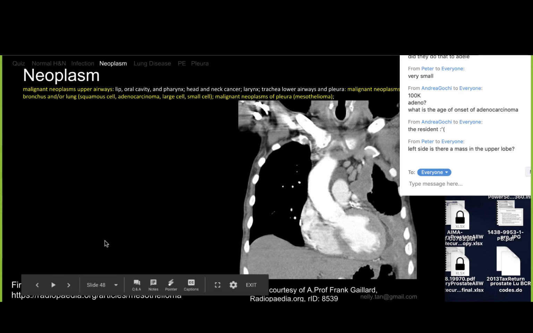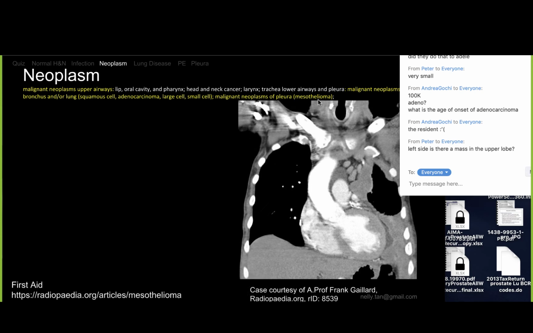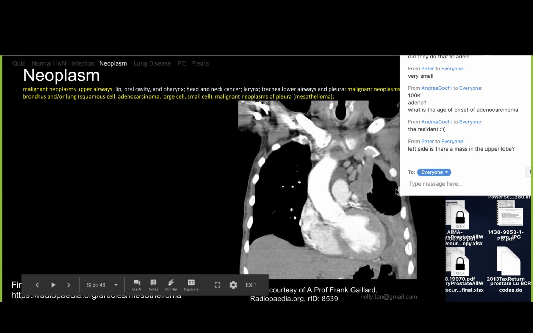Okay, so we're going to keep going. So we talked about squamous, adeno, giant cell, small cell. So now we're going to talk about pleural neoplasm. So this is a chest CT, and on the left side there's abnormal thickening along the margins, which is where the pleura is. And we also see lymphadenopathy.